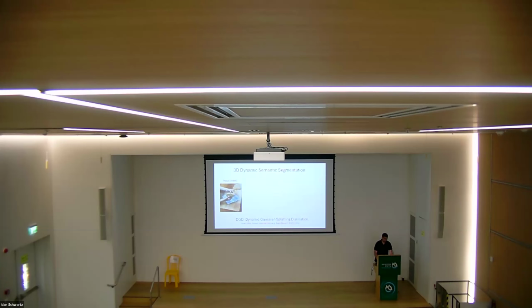In particular, we imagine that we have an input monocular video, like this image of a person breaking a cookie. And what we want is, given a click or a text describing the object, we want to segment the object, and we want to be able to render the original video where we either fix the camera view and have changing time steps like the original video, or we can even fix the time step and just change the camera view.